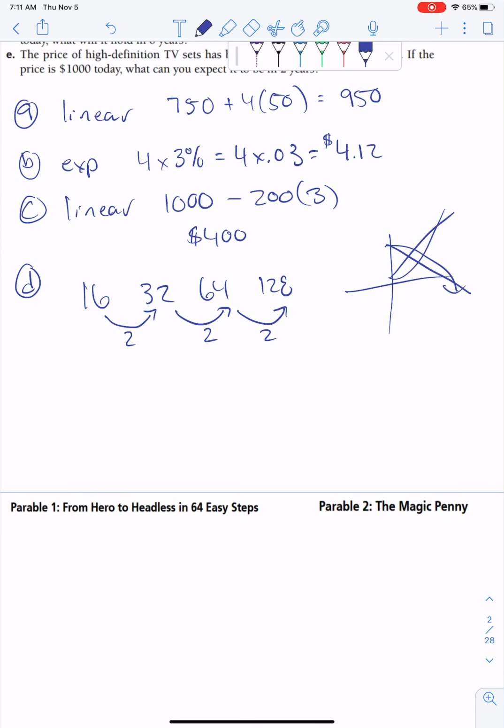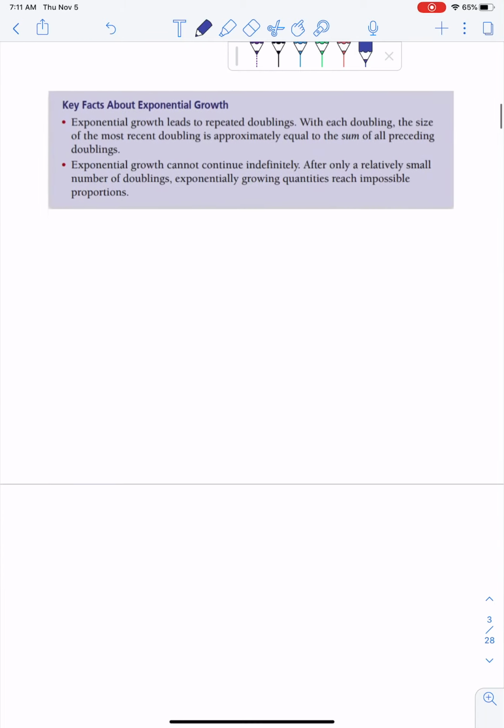When I double to 128, it's approximately everything else added together. So 64 plus 32 is 96. So 112. So we're not exactly there because of that 16 we started with, but we're close.